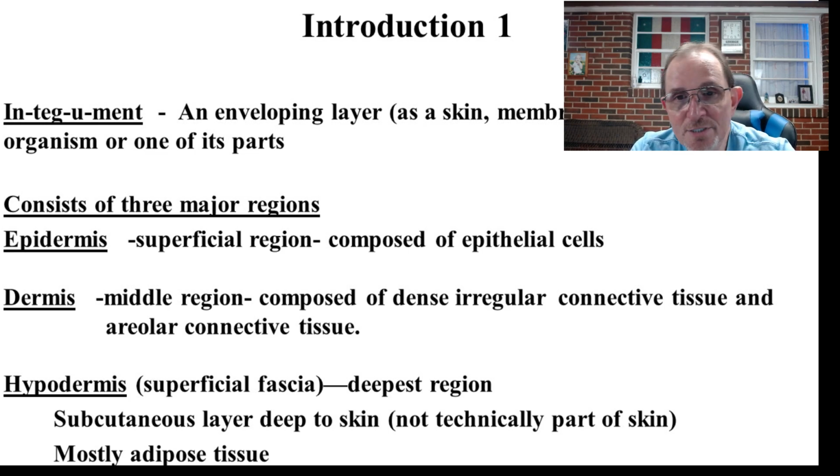A lot of times we give injections, and if you see an SQ, that's the abbreviation for subcutaneous, and we'll often refer to it as sub-Q. This is mostly going to be adipose tissue. It's a region that cushions and insulates our body from the outside world.